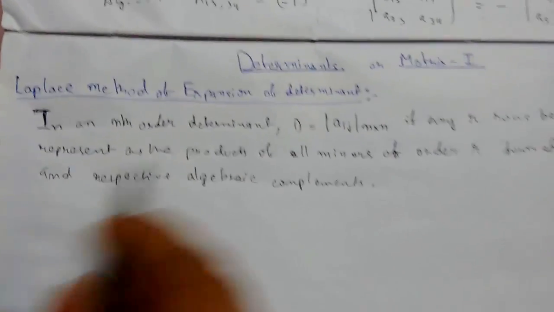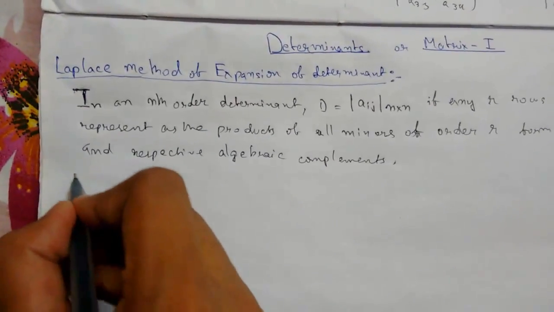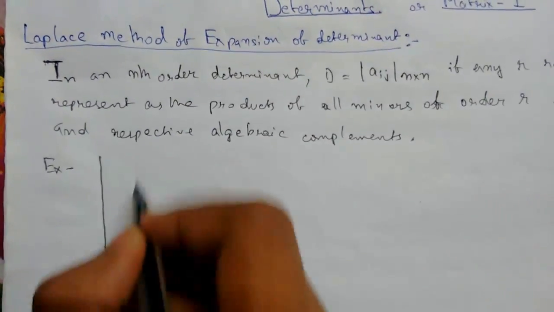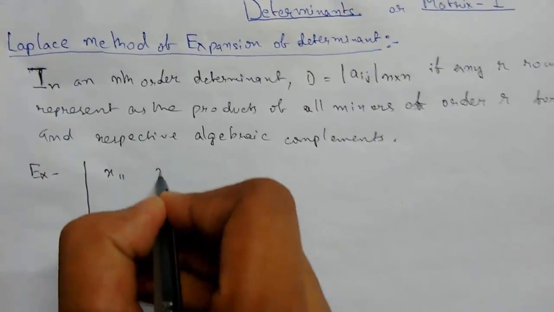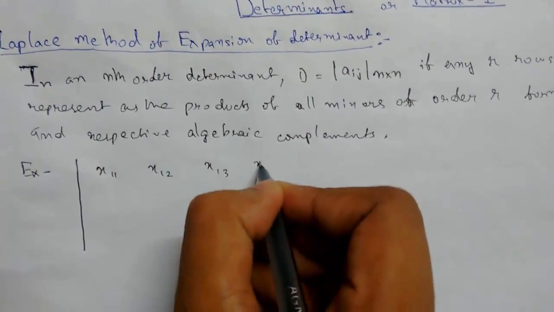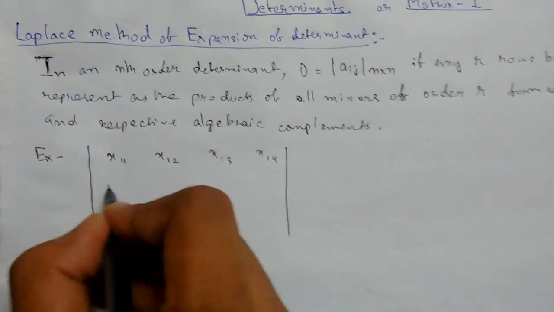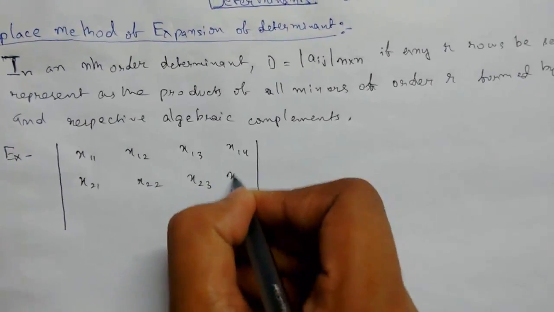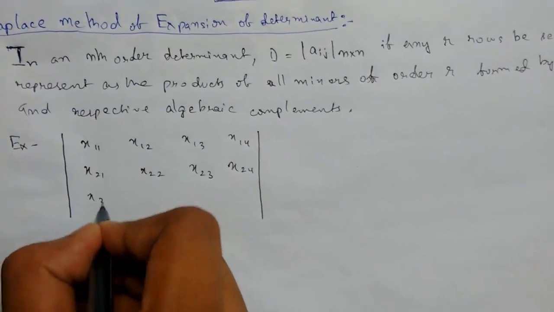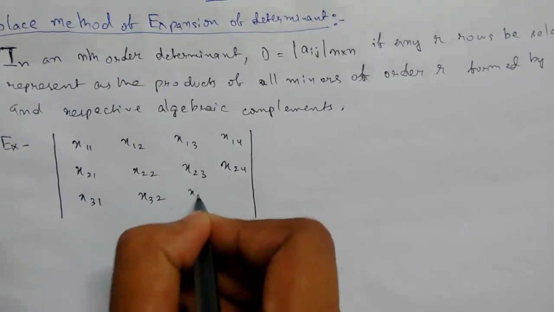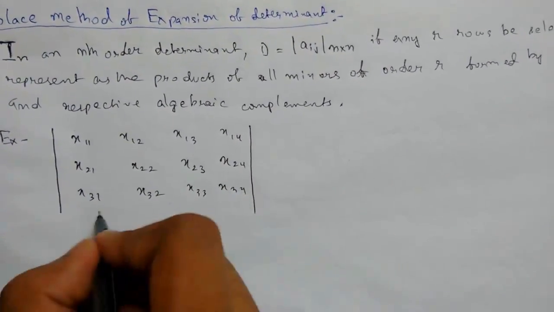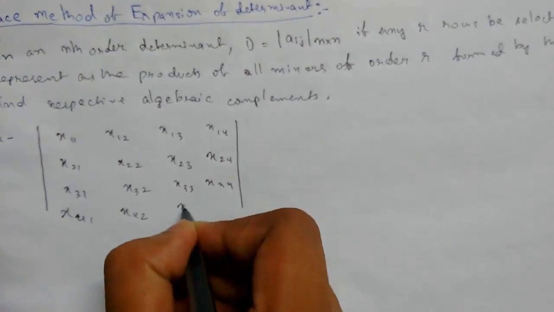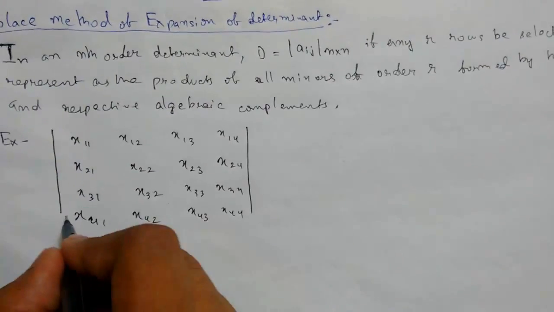So to explain this, let me show you an example which should clear everything. Suppose we have a determinant of 4 cross 4: x11, x12, x13, x14, x21, x22, x23, x24, x31, x32, x33, x34, x41, x42, x43, x44.